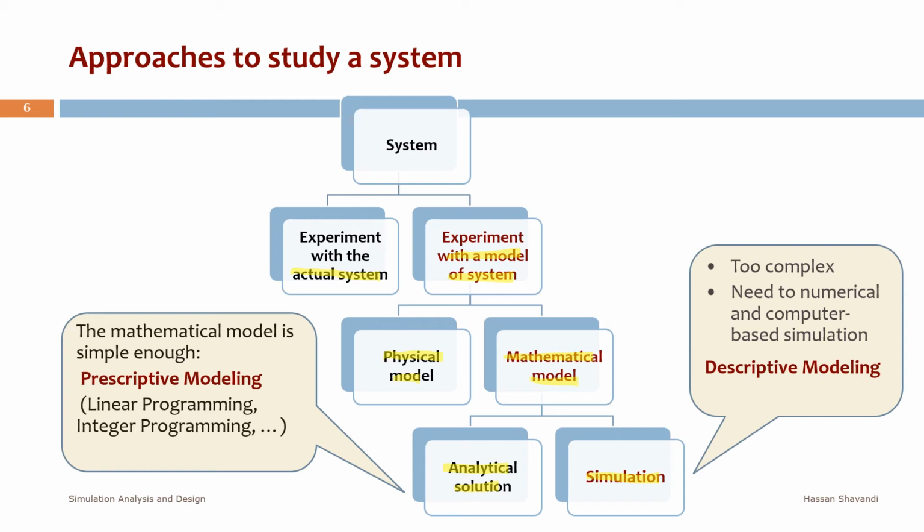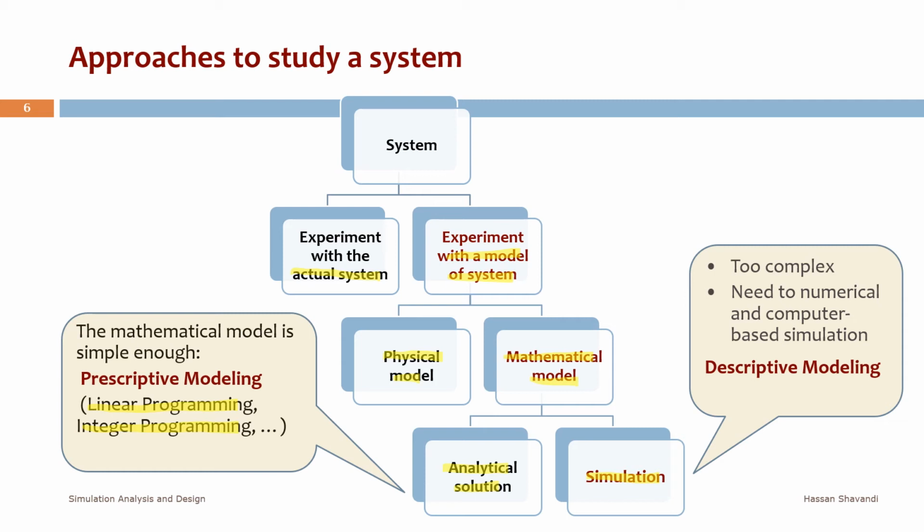In prescriptive modeling, we have a mathematical model that gives us an optimal solution, and we can apply that optimal solution in the real system. Like the linear programming in the operations research course, you had the linear programming model or integer programming model. Those models are examples of prescriptive modeling, which are in the category of the analytical solutions, right?